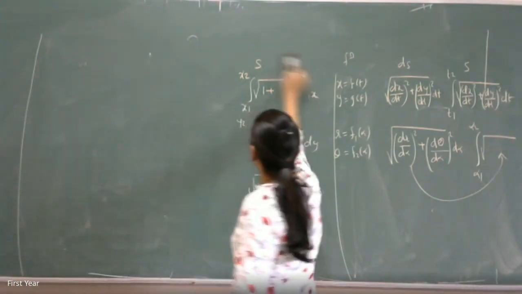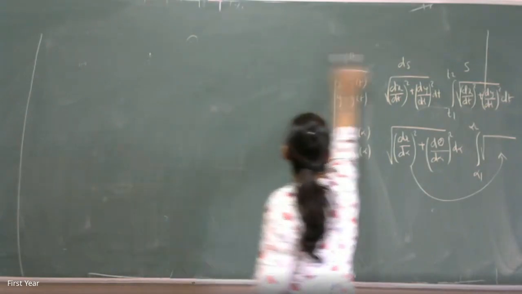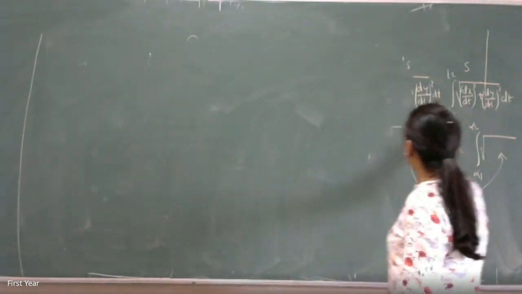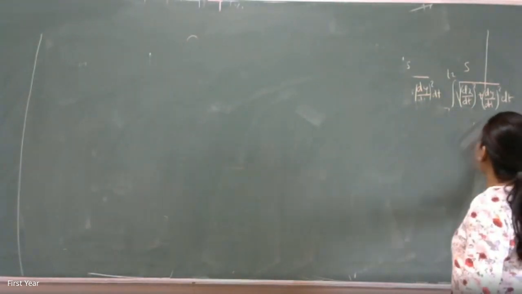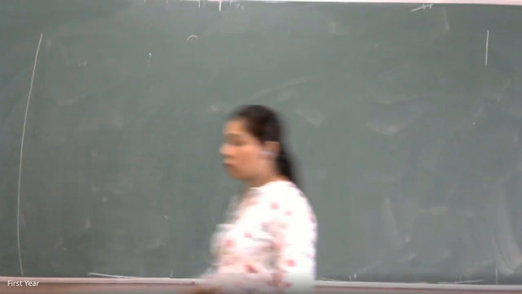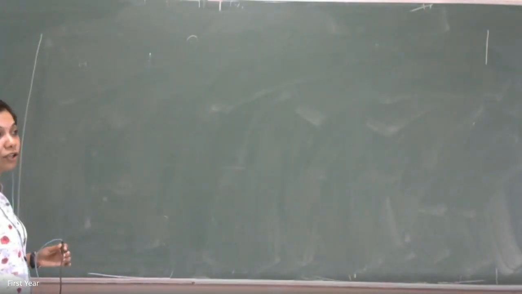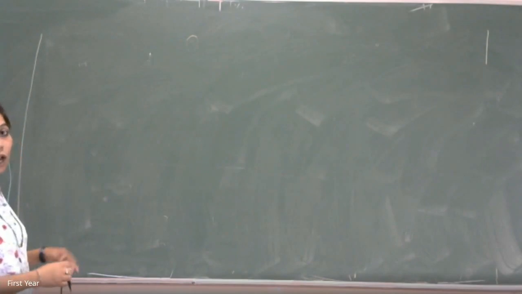So first of all, I should write the equation of the circle in one of the forms, either x in terms of y or y in terms of x, and then we'll see which formula for rectification has to be used. So let us write down the general equation of the circle whose circumference is 2 pi a, the circle with center at origin and radius a.